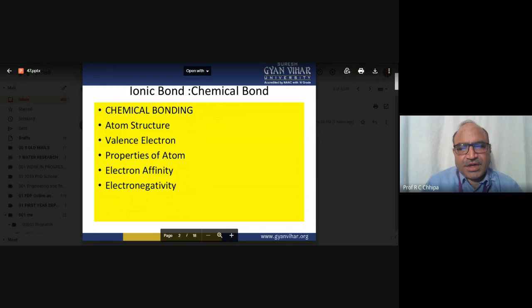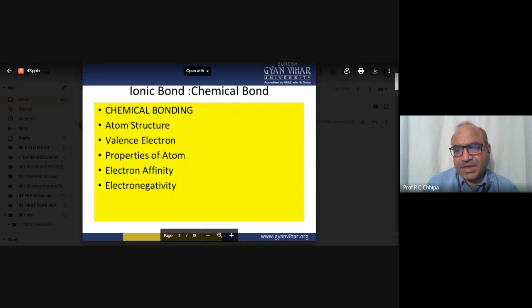So chemical bonding: ionic, covalent, and coordinate bonding. Atom structure we have already discussed: protons, neutrons, and electrons. The valence electrons are generally the outermost electrons, and valency is how many electrons of that atom take part in bonding.